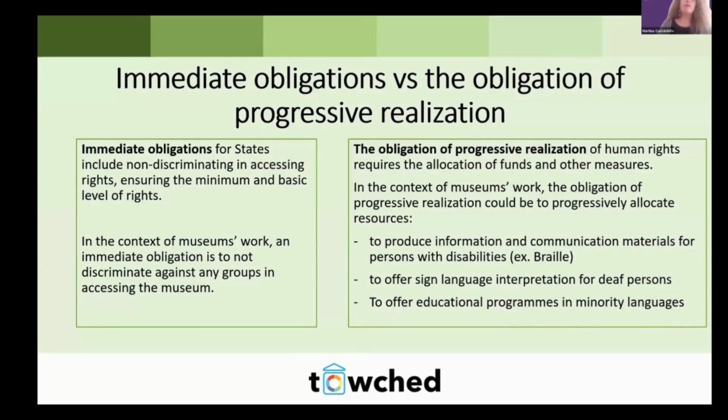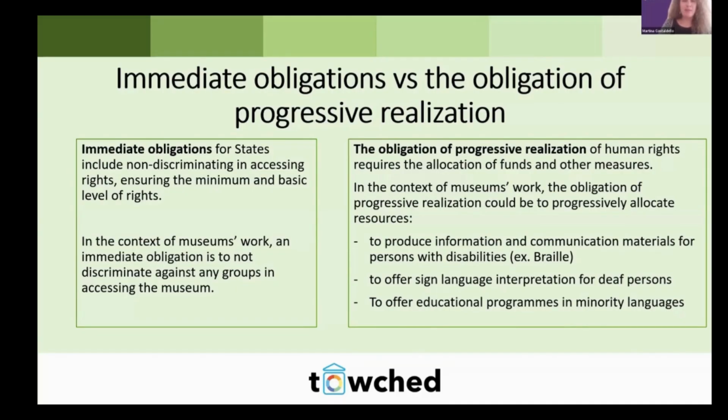Now, we also have to keep in mind that some of the obligations for the state are immediate, but not all of them. In some cases, we talk about obligation of progressive realization. So let's have a look. What is immediate? What is immediate is the obligation to not discriminate.